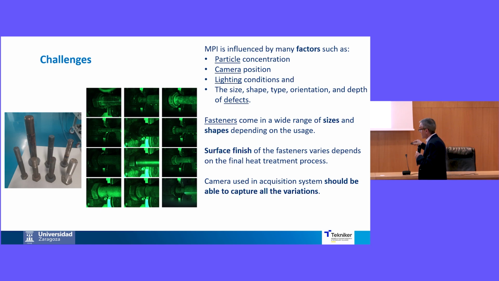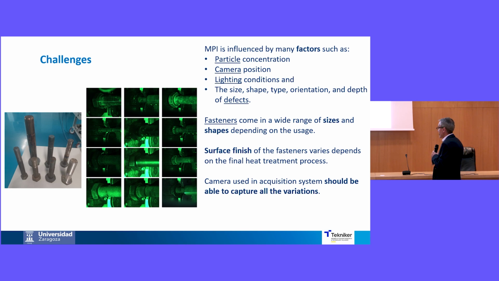There are different kinds of fasteners, and there are a lot of factors that influence the magnetic particle inspection: the concentration of the particles, the camera position, the lighting conditions, the different defects, the different fasteners, and also the surface finish, which differs depending on the treatment process.